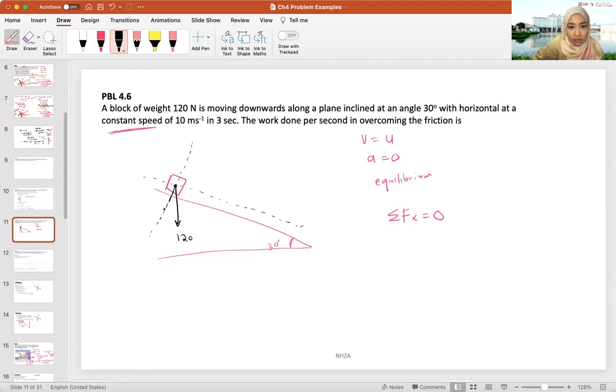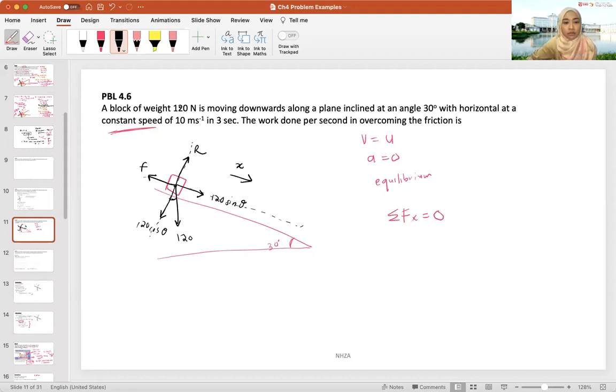And this would be 120 cosine theta. And this would be 120 sine theta. And since this is moving down the incline, motion is this way, this is x, you would have friction on the opposite side. What else am I missing? I'm missing reaction force, R.